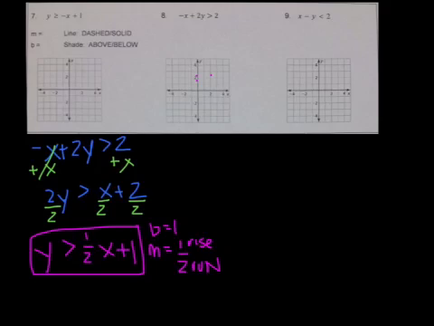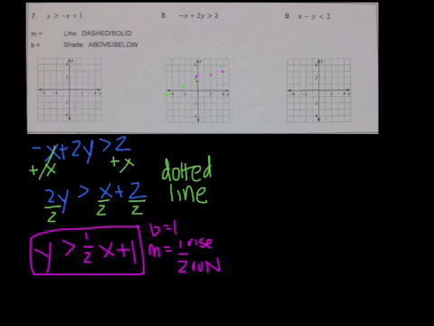And then up 1 and over 2 and put a dot. Now, what kind of line am I going to have? Remember that you want to look at your symbol, and our symbol is greater than, indicating that we are going to have a dotted line. So I'm going to go ahead and connect those with my dotted line.